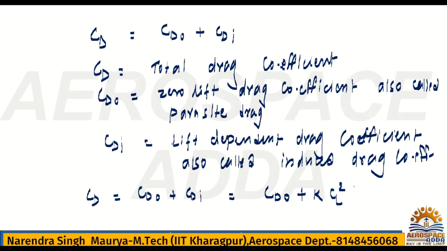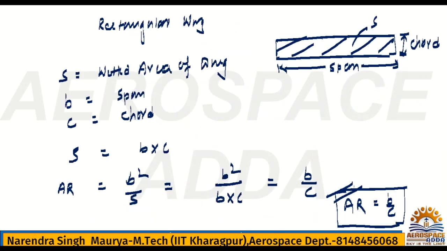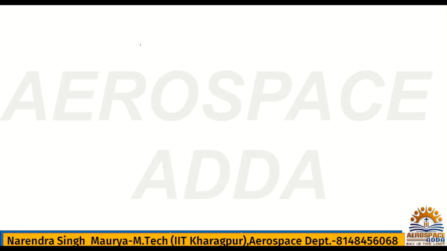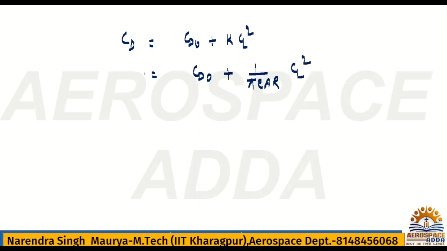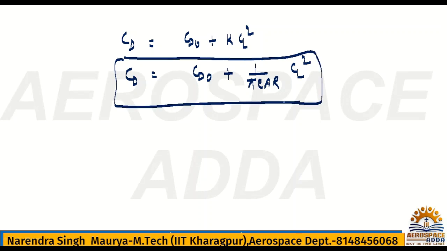So we can say now the drag polar equation, now we are aware of that, which is nothing but CD is equal to CD naught plus K CL square, where K is nothing but 1 upon pi E AR. Okay, this is the drag polar equation.